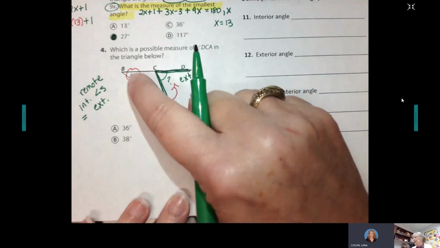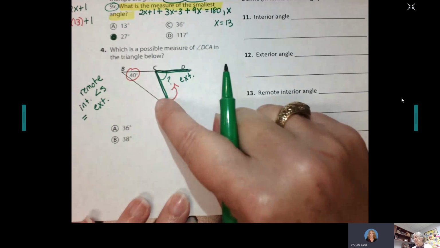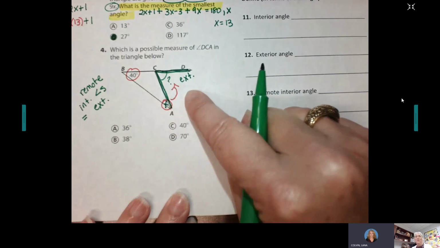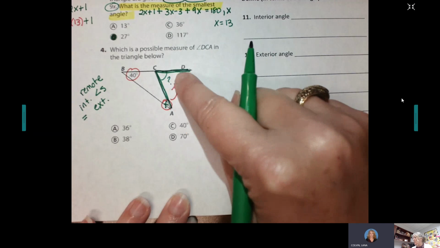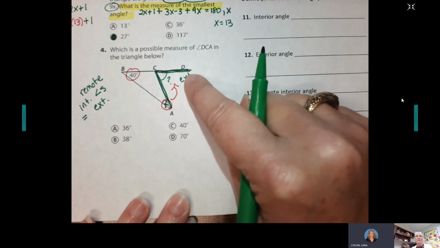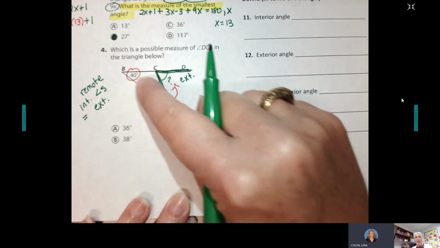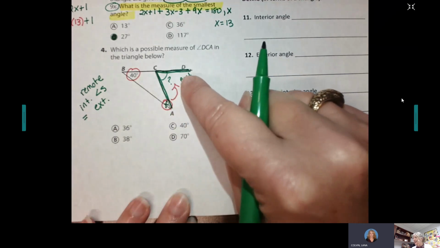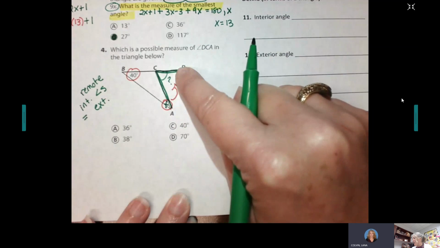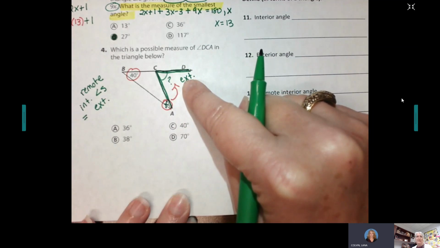I'm taking 40 plus some other number that I don't know to equal this angle out here. What measure could this possibly be? Is it possible for this angle to be 36 degrees?